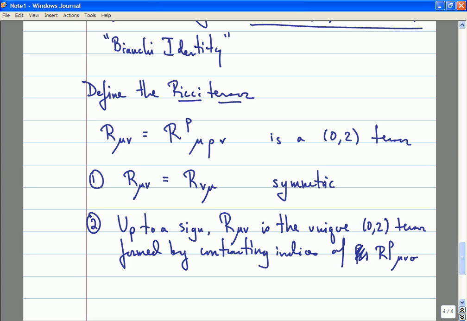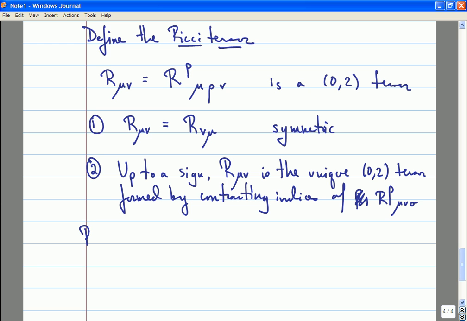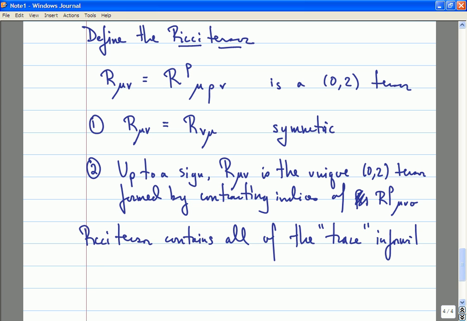Just take the Riemann tensor, contract your two favorite indices together, first and third, second and fourth, whatever, and lower all the remaining indices. And you'll see that because of the various permutation symmetries of the indices of the Riemann tensor, what you'll get is the Ricci tensor, or minus the Ricci tensor. So you should think of the Ricci tensor as containing all of the trace information of the Riemann tensor.